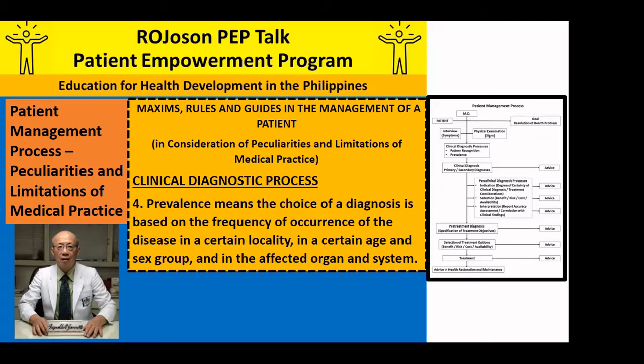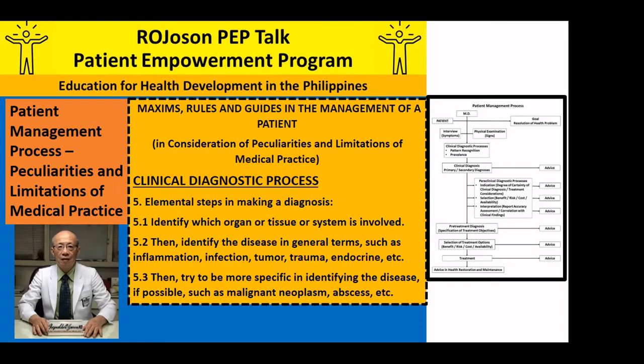Whereas prevalence means the choice of a diagnosis is based on the frequency of occurrence of the disease in a certain locality, in a certain age or sex group, in the affected organ and system, and in a certain time. Just like today, we are in the era of the COVID-19 pandemic, so we have to put that into consideration when we have symptoms of upper respiratory tract infection.